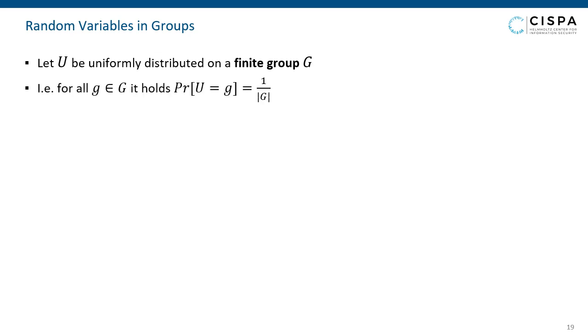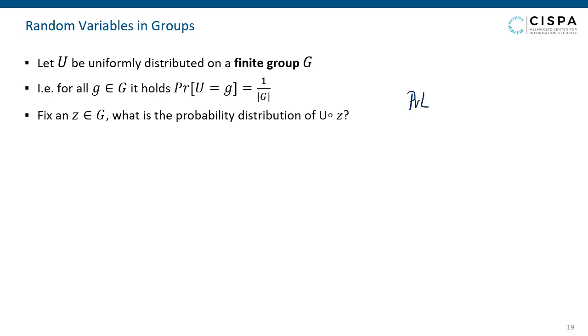Finally, let's talk about random variables in groups. Let U be a uniformly distributed random variable in a finite group G. That is, it holds for all group elements g in G that the probability that U outputs g is 1 over the size of the group. Now fix a group element Z, and the first thing I'm asking: what is the probability distribution of U times Z?